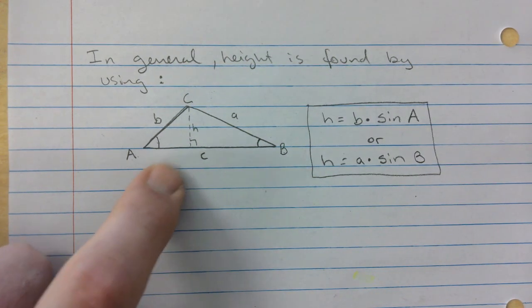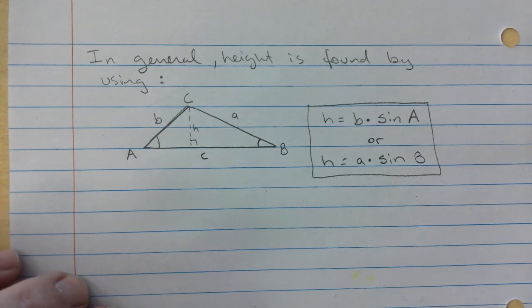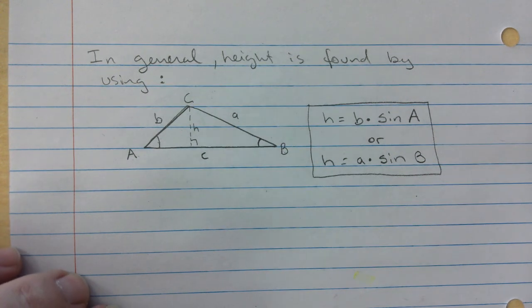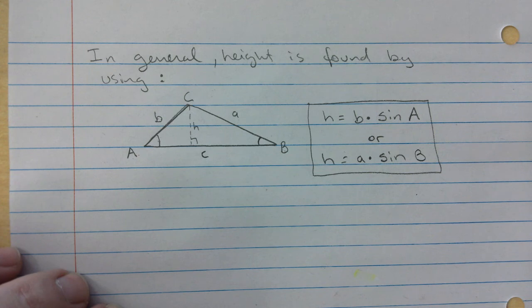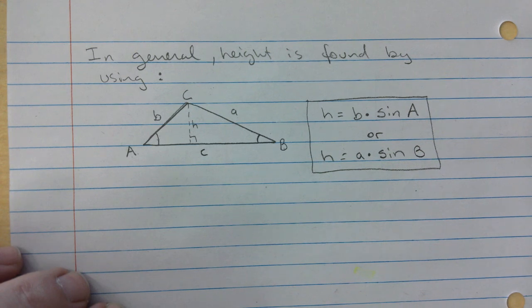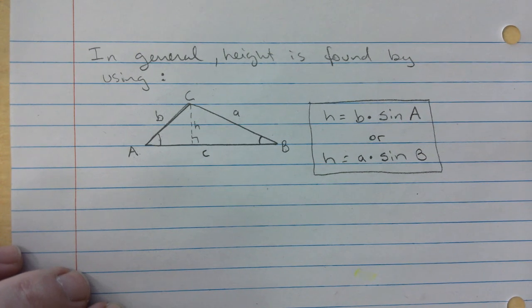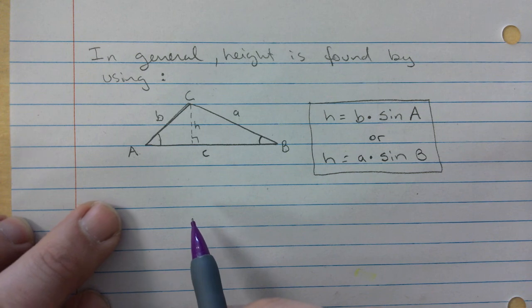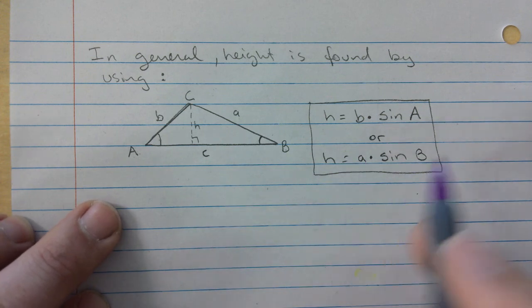Because I don't want you to spend as much time as we just did finding the height. I want it to be quick, right? But just pick one, and then you'll be fine. It works with obtuse, it works with any kind of triangle, it always works.